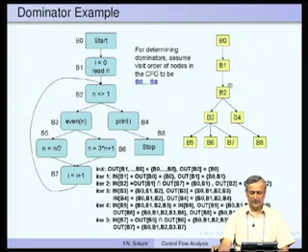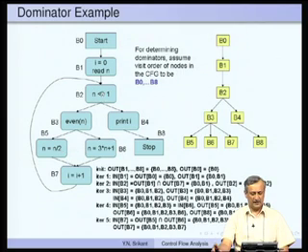B3, B2, B1 and B0, all of them dominate B7. B5 and B6 do not dominate B7, that is why this information is not true. If one of them were dominating this, then that would have been dominated by these.